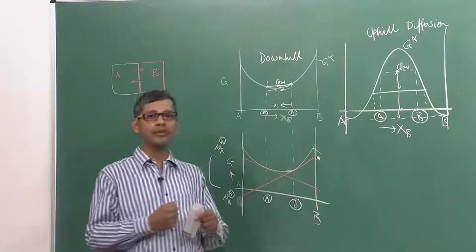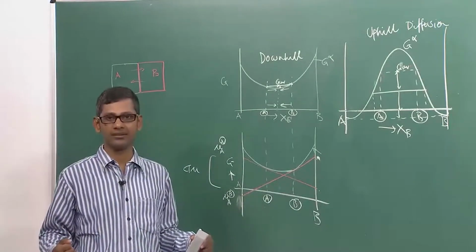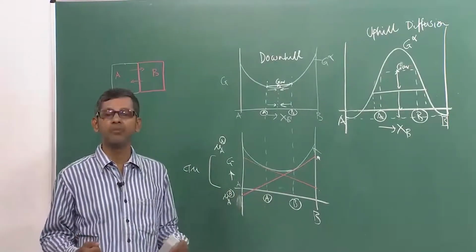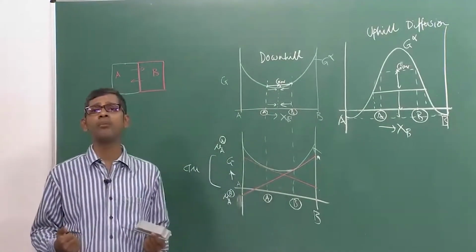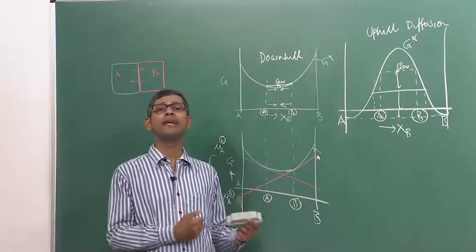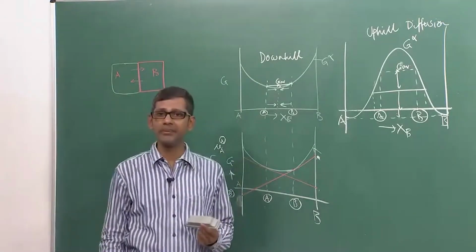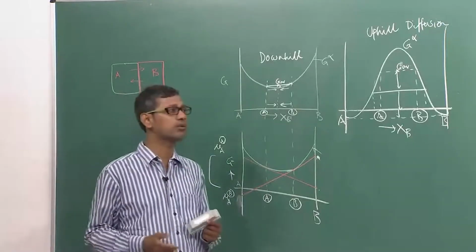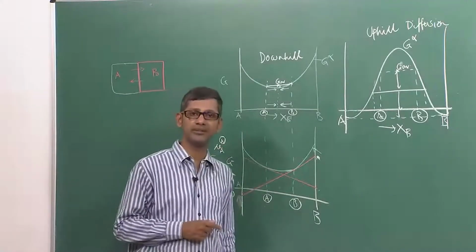A and B will like to go away from each other because AB bond energies are much higher than AA and BB bond energies. So the system will not like to form AB bonds. The system will like to stay with AA bonds and BB bonds. That is why this kind of free energy curve appears in the system. We have already discussed quasi-chemical theory and told you the reasons for having such free energy curves.